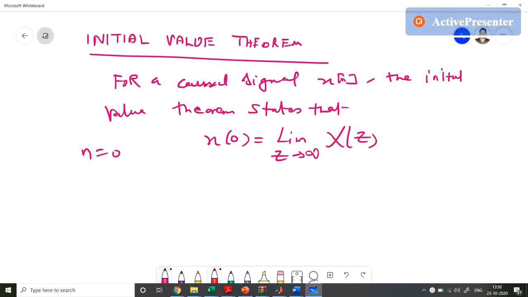This is used to find out the initial value of a signal without taking the inverse Z transform.